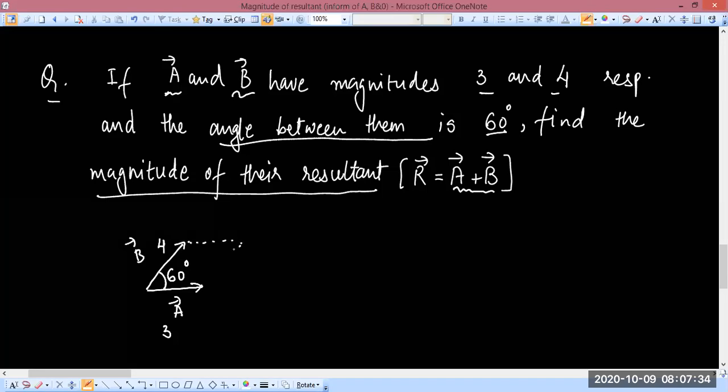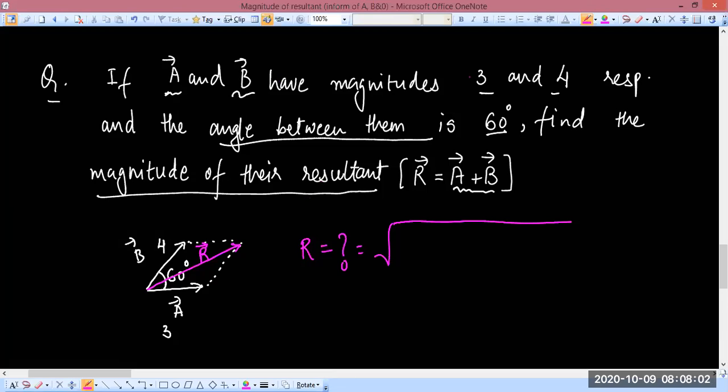If you want to find the resultant and its magnitude, of course the parallelogram law says that the resultant will be like this. All right, so this is the resultant. But what's the magnitude of the resultant? If you want to find that, we can use the formula. So please do that. Come on, let's see what answer you get. Hurry up. Everyone, I'm waiting for your answer.